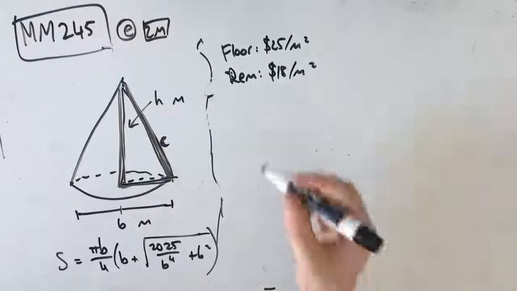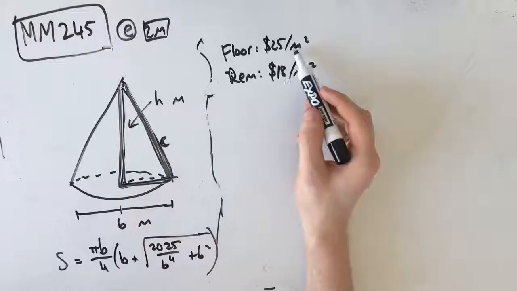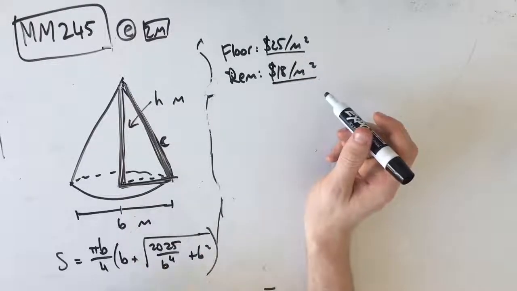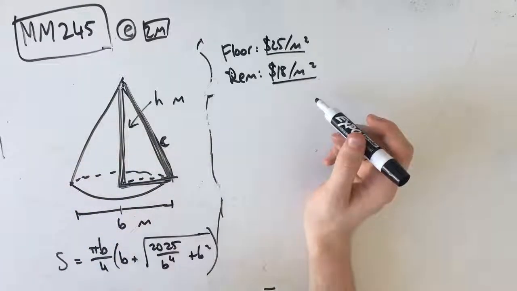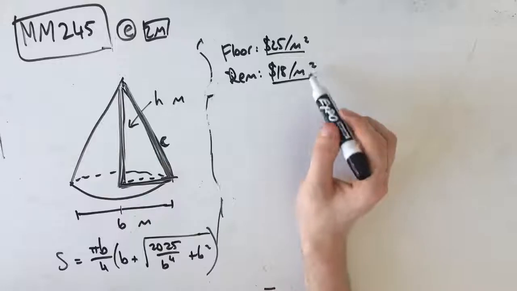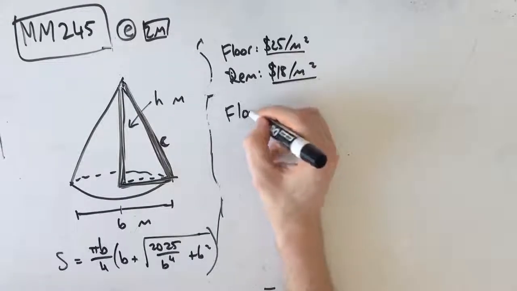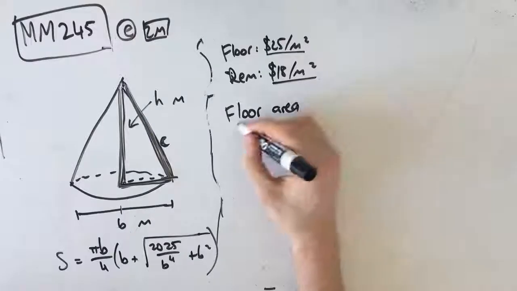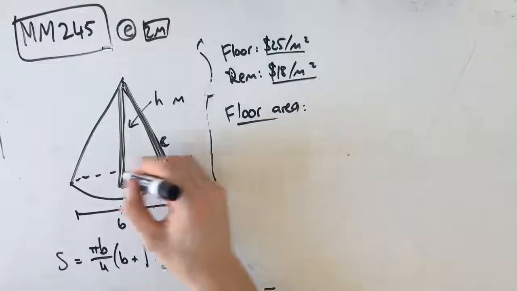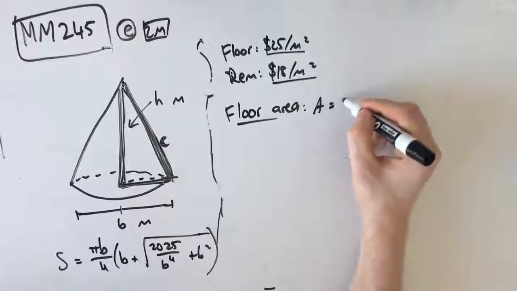So in order to find the total material cost, first we're going to have to figure out how much area each section is taking up: the floor canvas area and also the remainder of the material. We need to find the total area of that before we can work out how much it costs. So our floor area for this particular tent is pi r squared, since it's just the base, which is a circle.